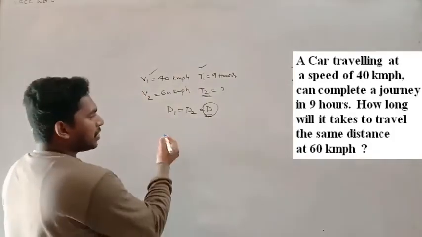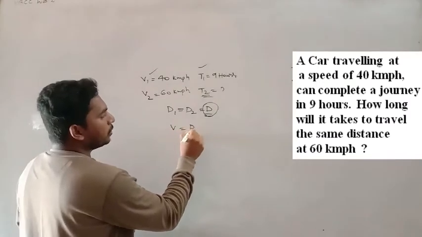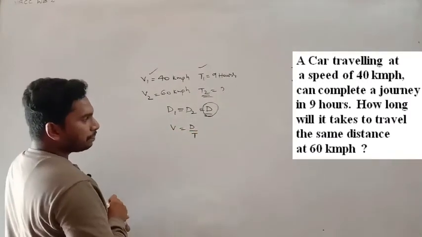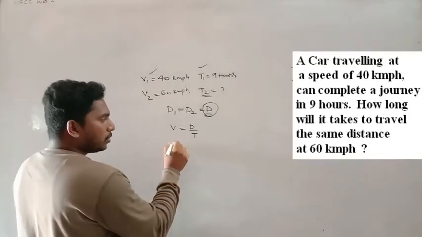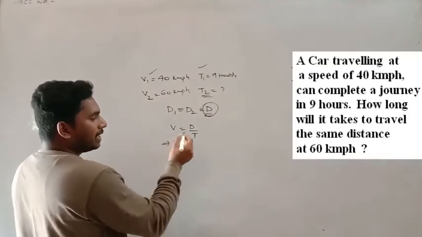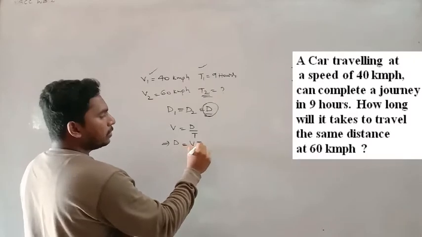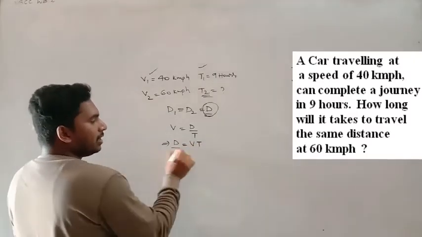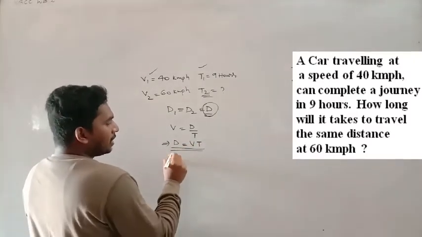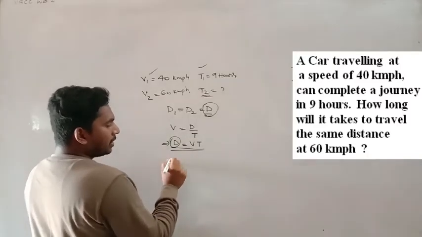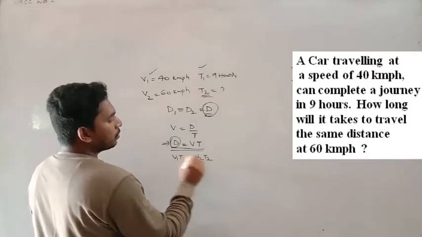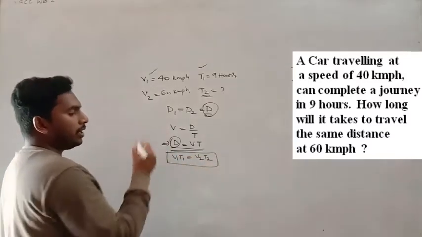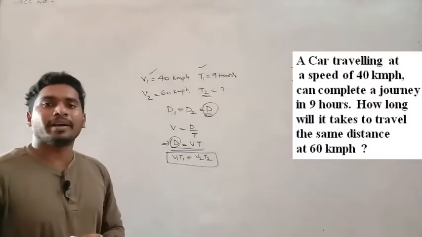As per our expression, v is equal to d by t. Take d separately: d is equal to v into t. With this, since d is constant, we can write v1 t1 is equal to v2 t2. This is our expression.